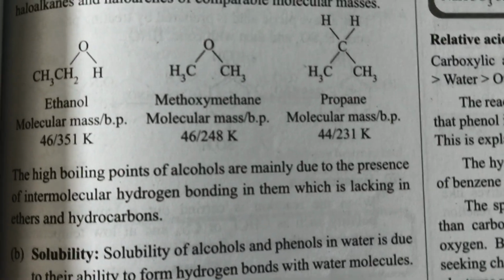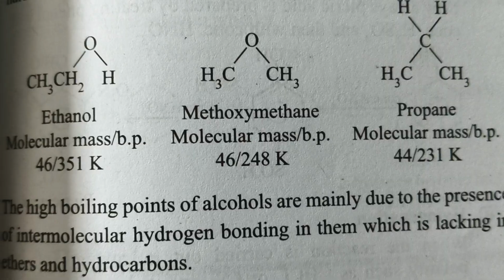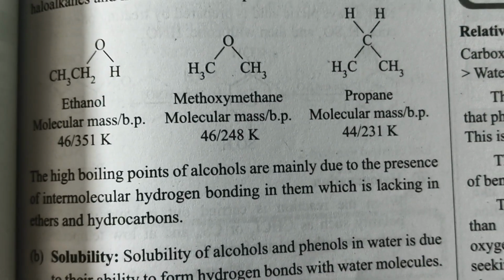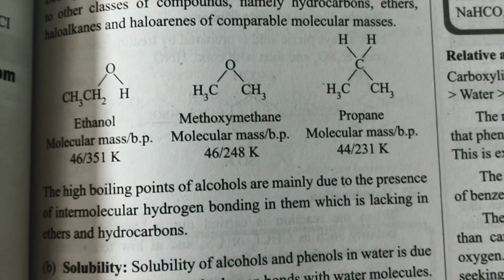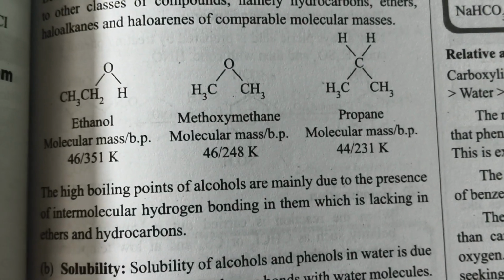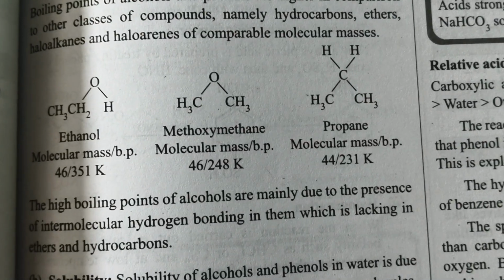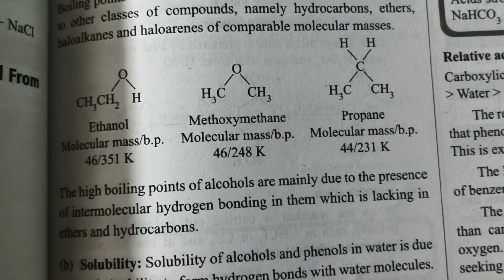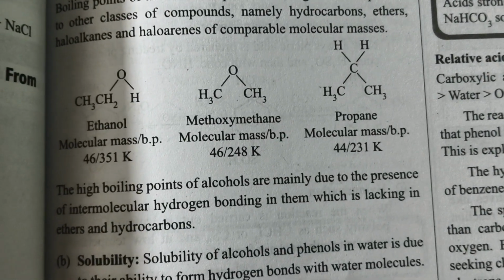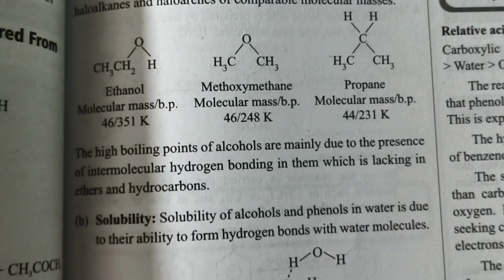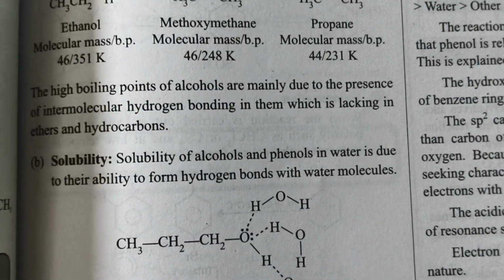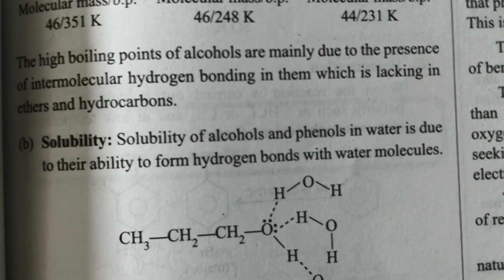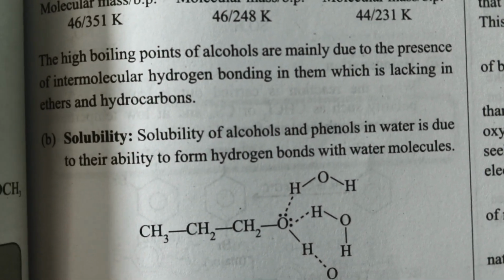Ethanol, methoxymethane, propane. Molecular mass and boiling point: ethanol 46, 351 K. Molecular mass and boiling point, this is the haloalkane, 46, 248 K. This is the haloarene. Propane, molecular mass and boiling point, 44, 231 K. The high boiling points of alcohols are mainly due to the presence of intermolecular hydrogen bonding in them, which is lacking in ether and hydrocarbon.